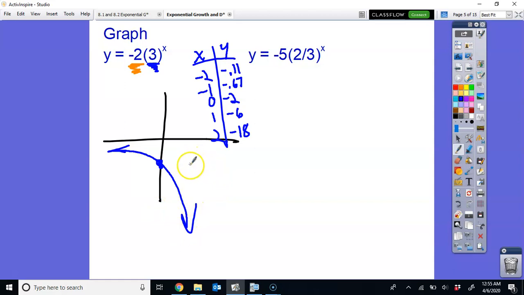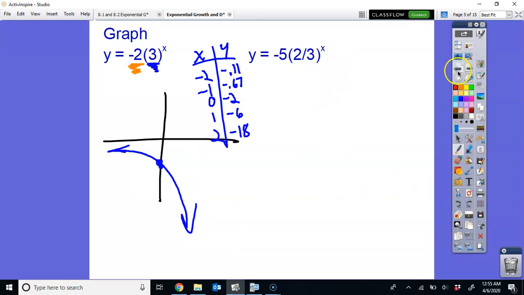Here's the big key. The distance between this and the x-axis is getting farther and farther away. So this distance is growing. Okay? So when we talk about that, we are talking about from here to here, the distance away from the axis is getting farther away. That is a characteristic of growth.